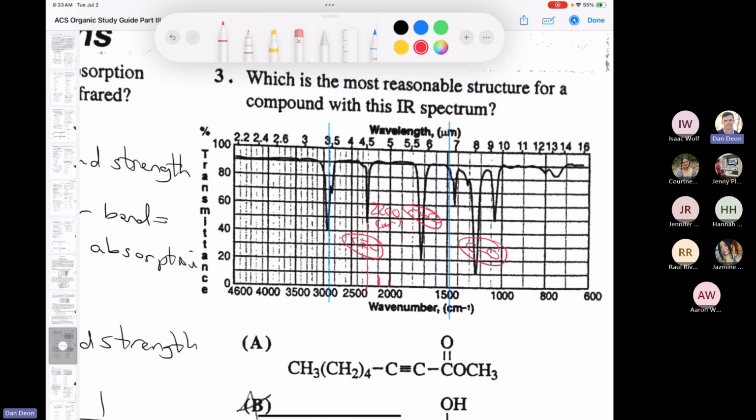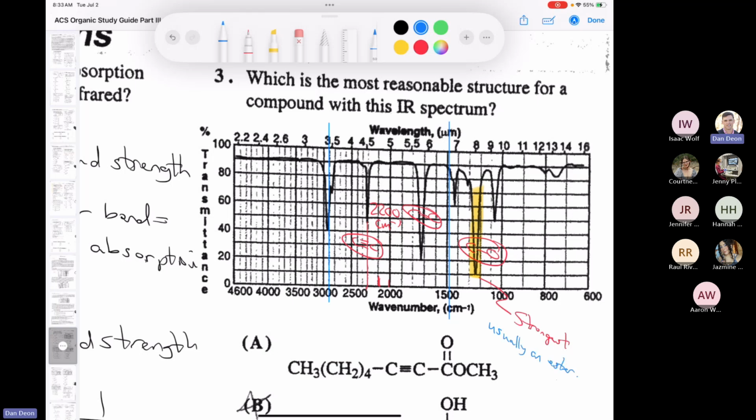Do you guys remember what I said about the carbon-oxygen stretch when it's the strongest signal? What does that usually indicate? Usually, not 100% of the time, but oftentimes, if the CO stretch is the strongest one of all, it's usually an ester.